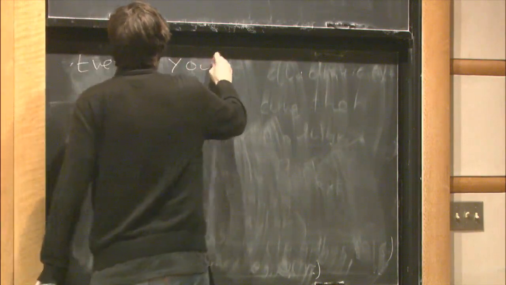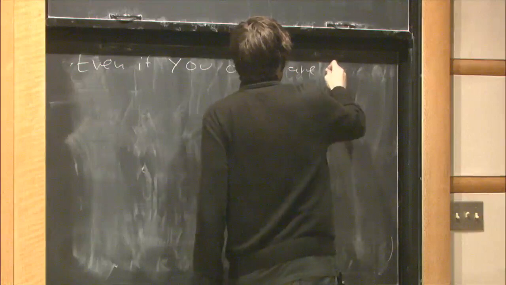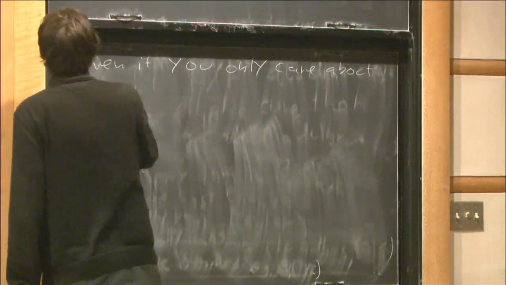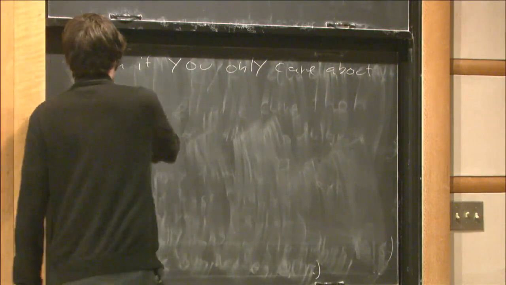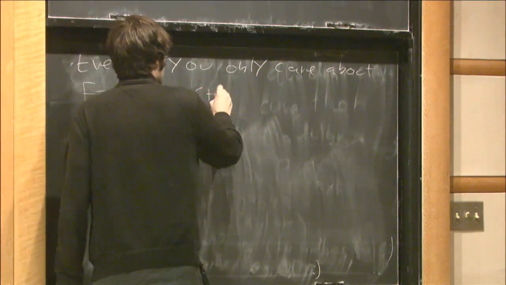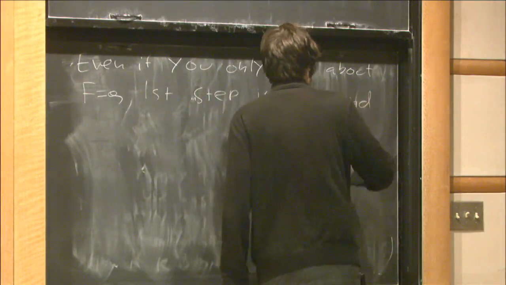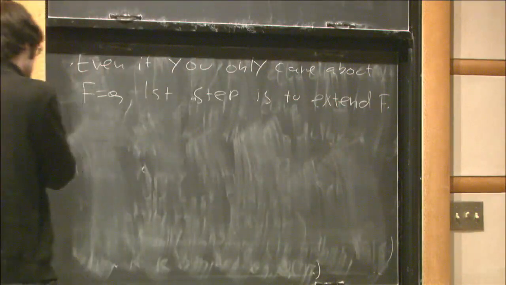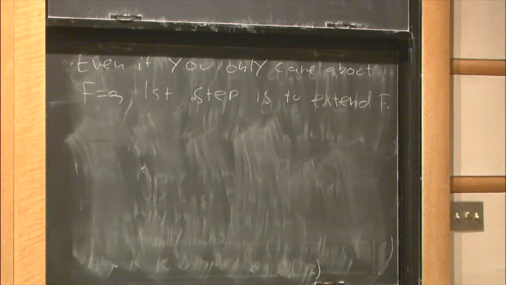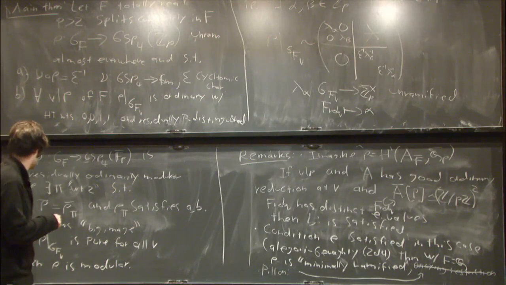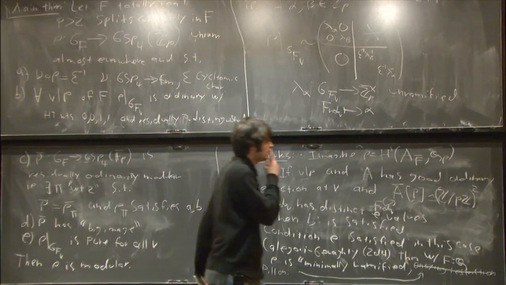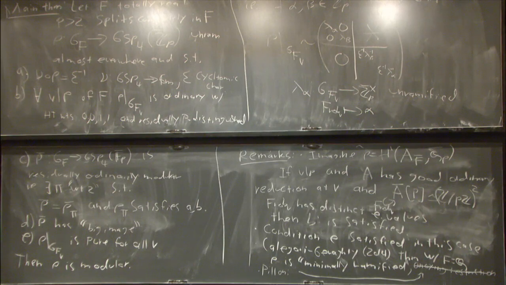Even if you only care about the case when F is the rational numbers, the first step is to extend F. So you'll wind up dealing with totally real fields anyway. That's as usual to deal with ramification, and in particular in order to use the so-called Ihara avoidance argument of Taylor's. Because as we'll see, in some sense this gets a little bit harder when F is not Q.